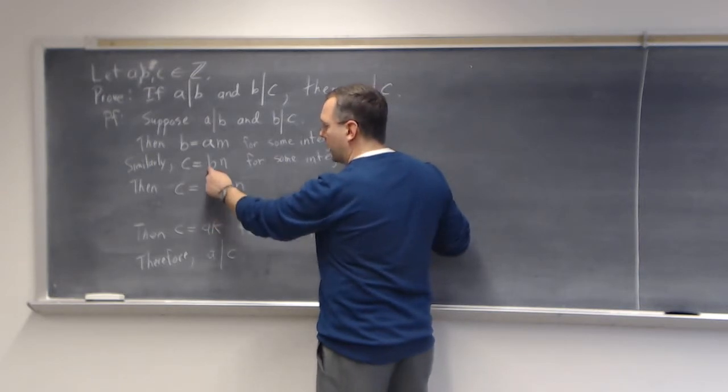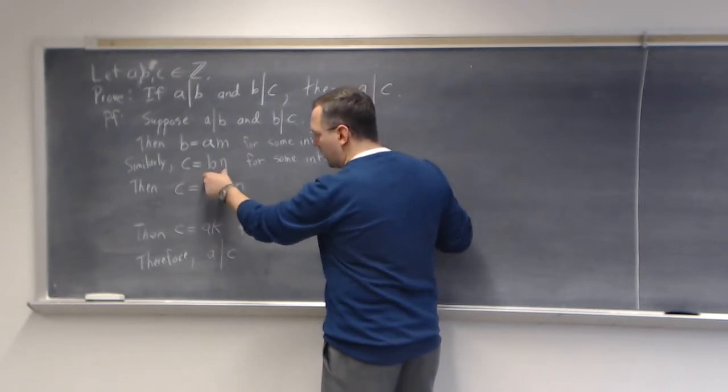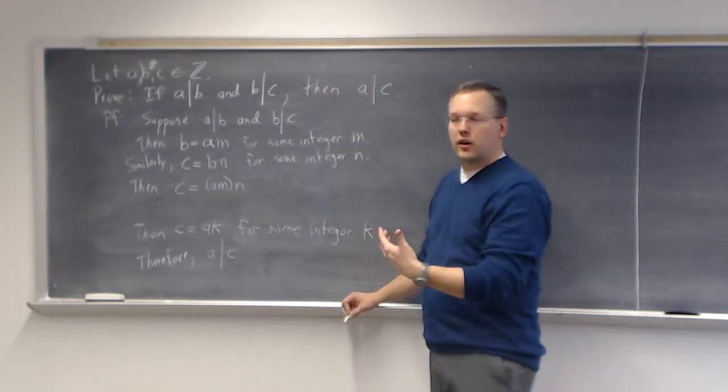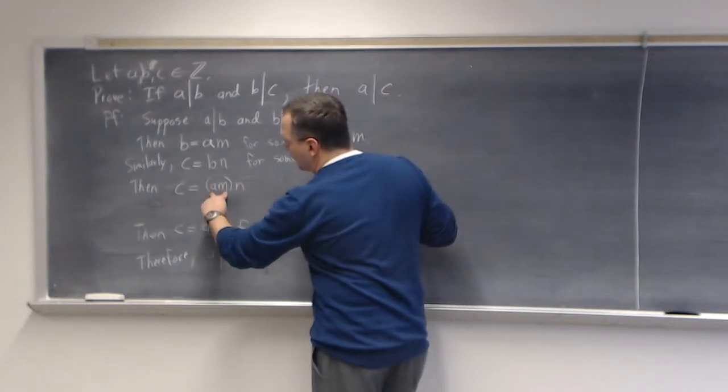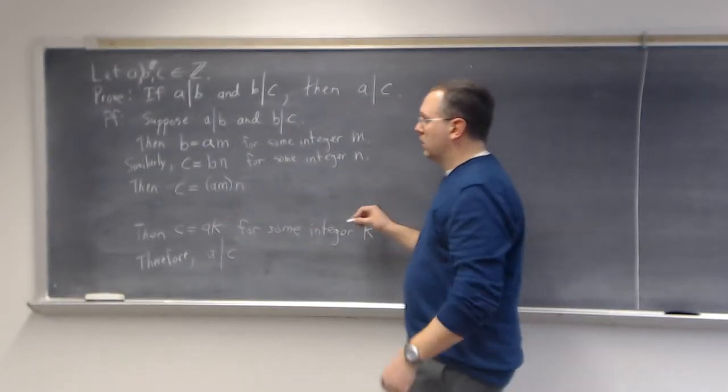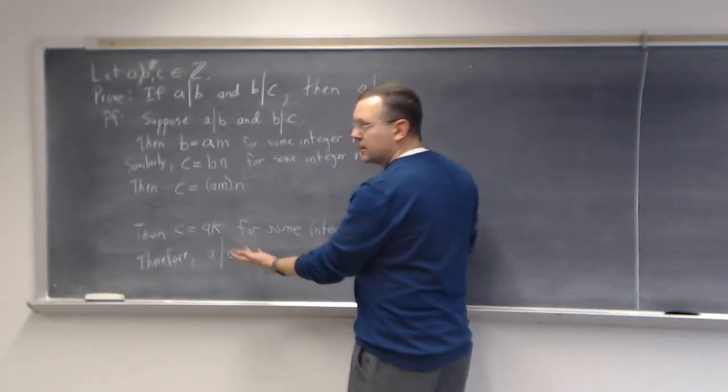So let's look at the previous line. Well, it was B times N, and now all of a sudden there's this parentheses A times M. So it gives the reader a clearer understanding that you took out the B and you replaced it by AM. Okay? But essentially you're done.